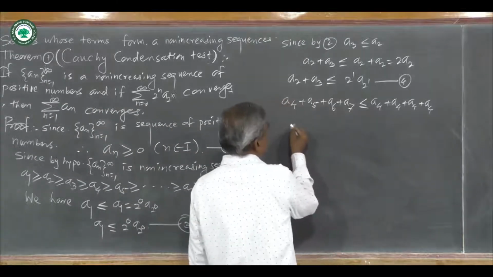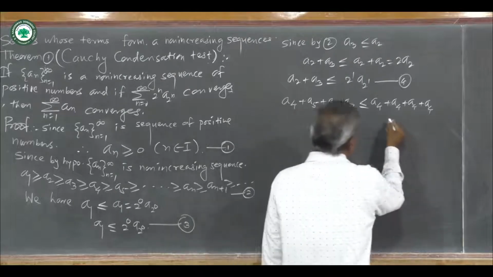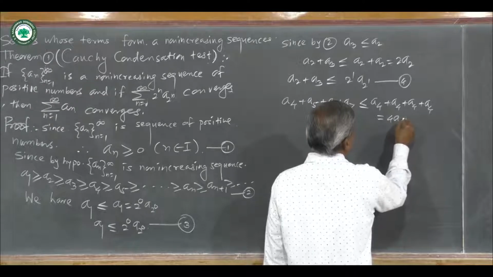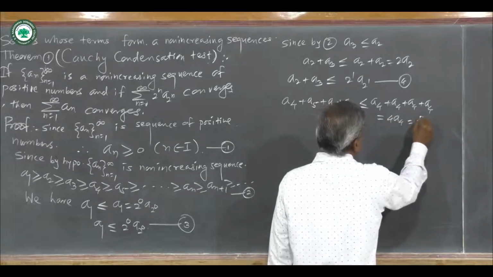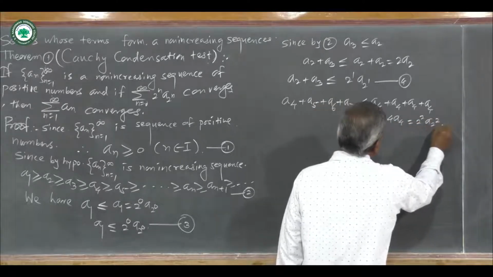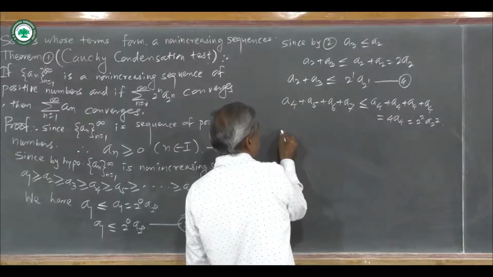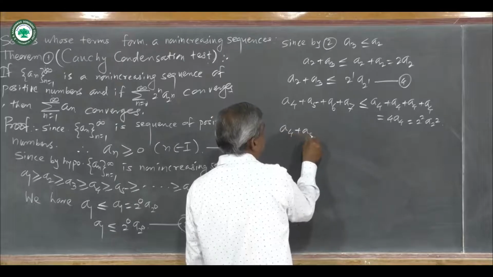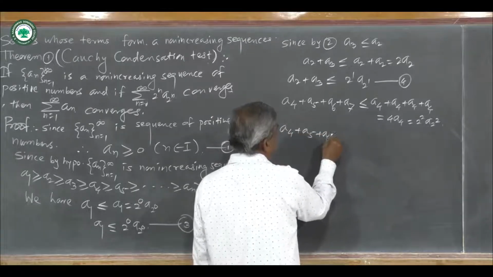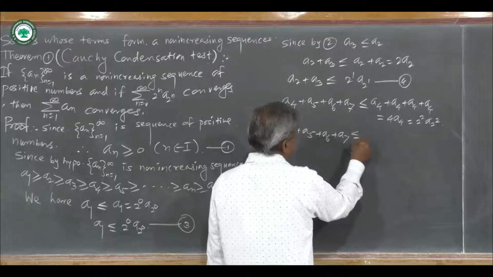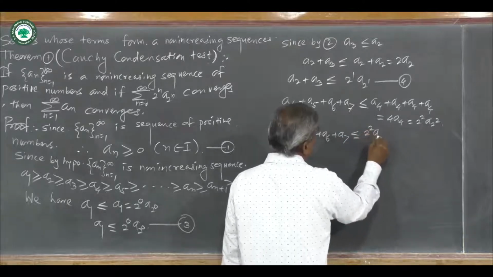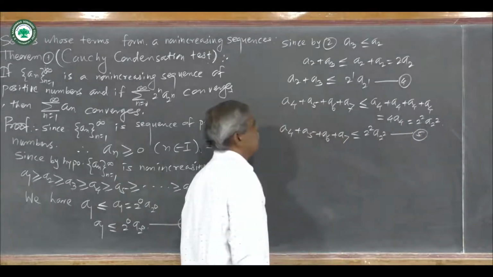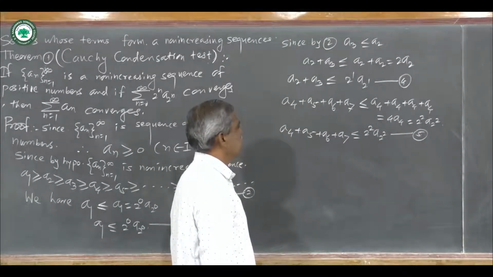Therefore, the right-hand side is equal to 4 times a suffix 4, which is equal to 2 raised to 2 into a suffix 2 raised to 2. So a4 plus a5 plus a6 plus a7 is less than or equal to 2 raised to 2 into a suffix 2 raised to 2. This is relation number 5.